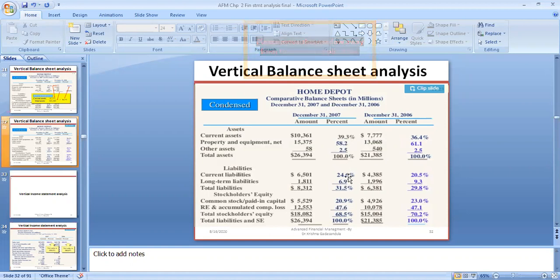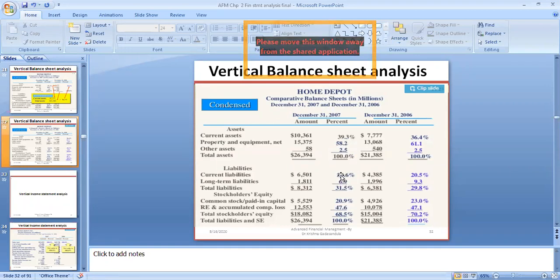It's a good sign, because current assets are being used to pay the current liabilities. If current liabilities are more and current assets are less, then a liquidity problem will be there with the company. They cannot pay the supplier. They cannot pay the interest. They cannot pay taxes.